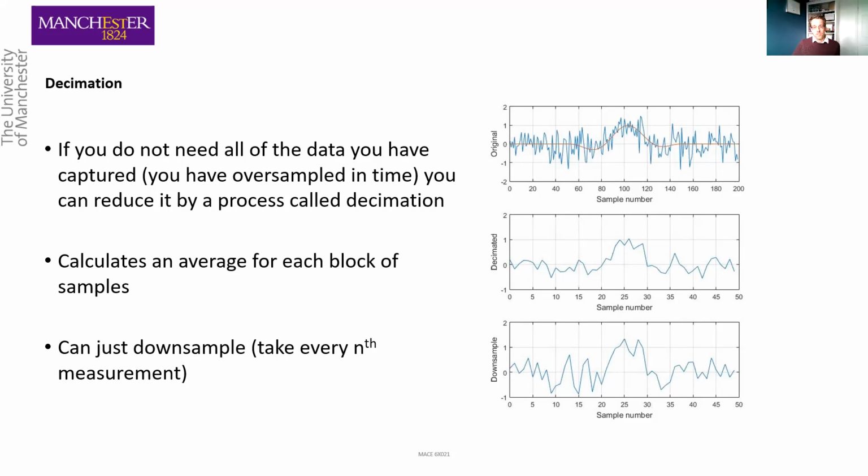An alternative would just be to take every 10th or 20th sample. That's called downsampling. The negative of downsampling is that it is quite a lot noisier. It doesn't help with noise on your signal, whereas decimation does, but it's a little bit trickier to program.